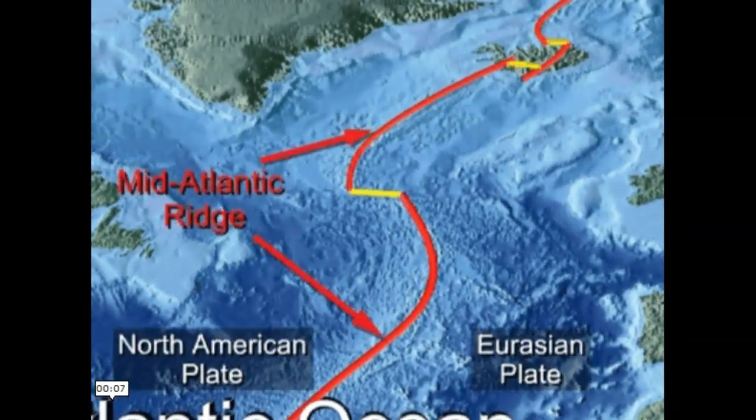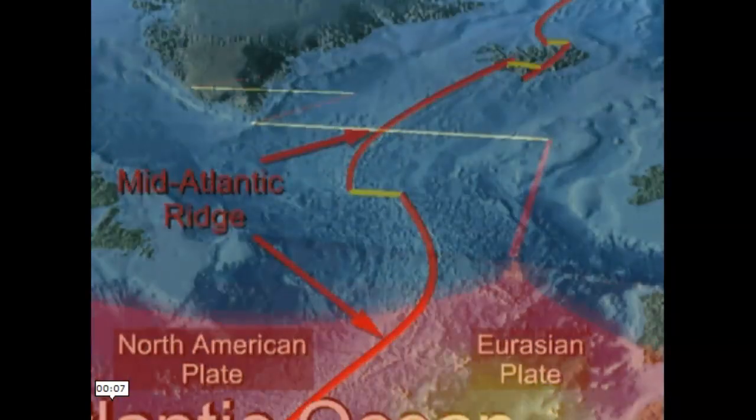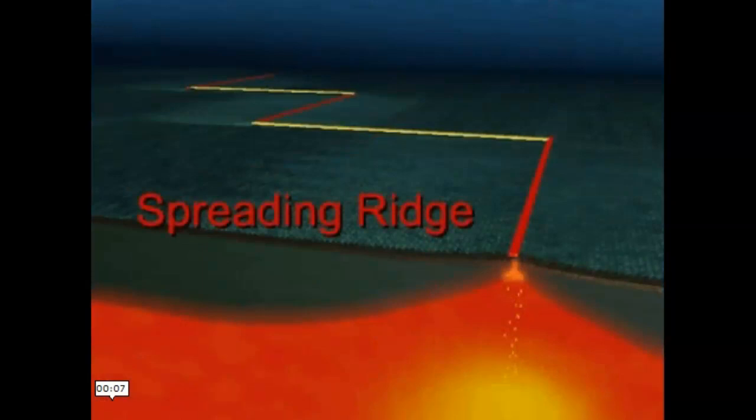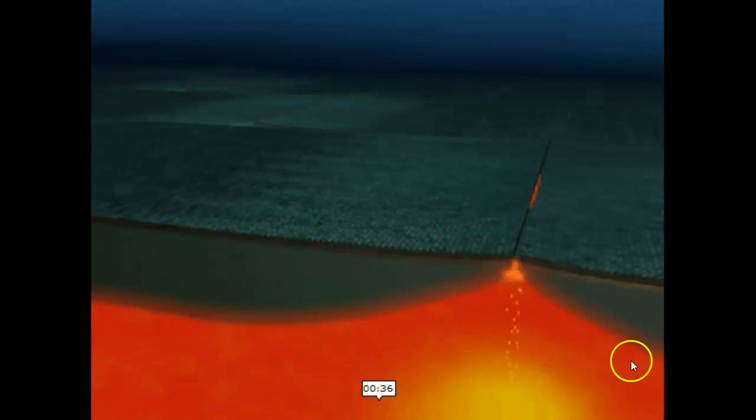Now there's a bunch of reasons why that's happening. When we talked in the previous module about the interior of the Earth, we have some movement of the material that's beneath the rigid lithosphere, and that material is convecting and moving around, pushing the material apart here.